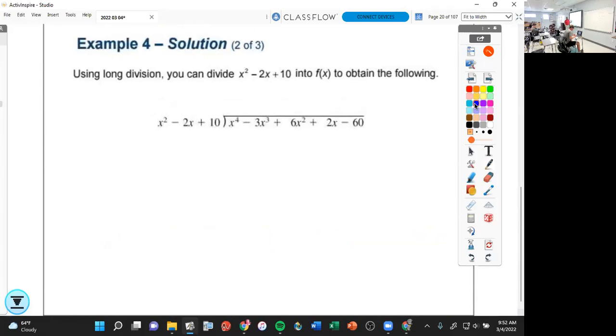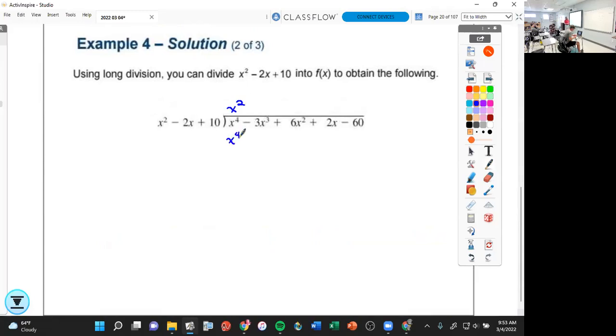Okay, so I'm taking this 4th degree polynomial, dividing it by a quadratic. Looking at the first term, x to the 4th divided by x squared: x squared. I only looked at the leading terms. Now I will multiply the entire polynomial on the outside by x squared. X squared times x squared, x to the 4th.